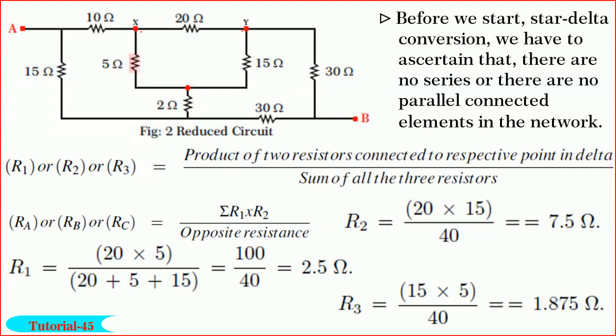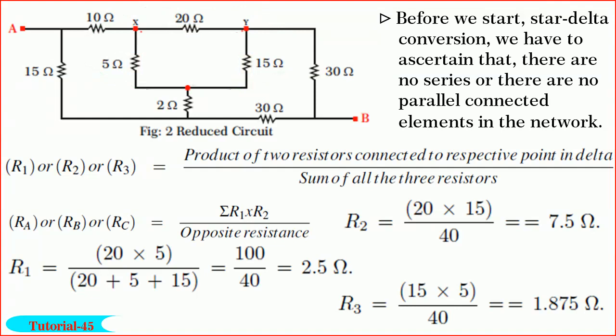Similarly, 5 ohm, 15 ohm and 2 ohm are in star and 5 ohm, 20 ohm and 15 ohm are in delta. Out of these, you can choose any one network to convert. I prefer to choose delta of 5 ohm, 20 ohm and 15 ohm to convert it into star.